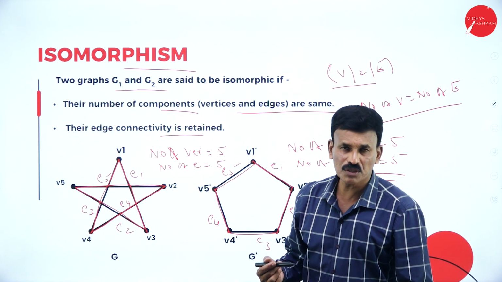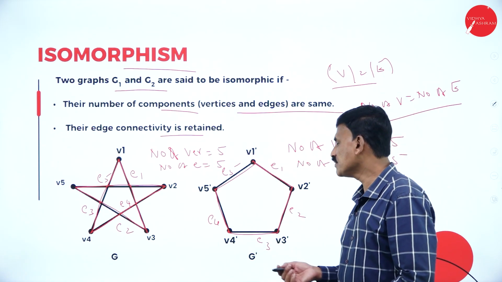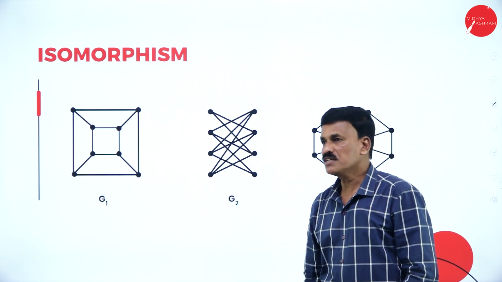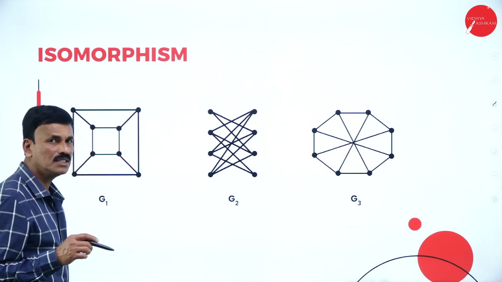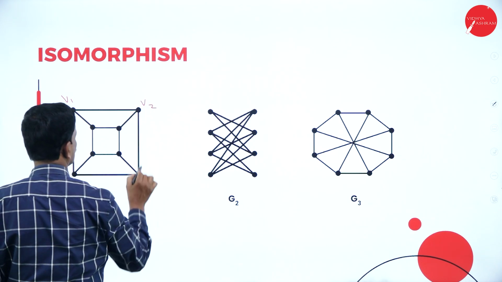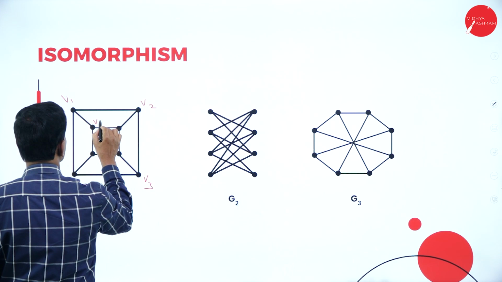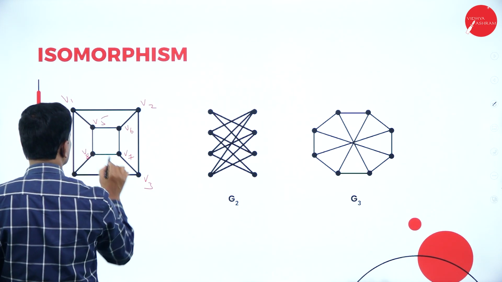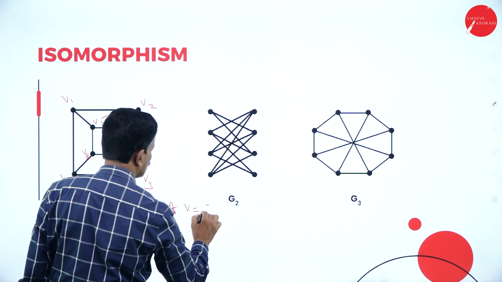In the examination, they may ask you to define an isomorphic graph and give an example. Now let us take one more example for isomorphism. Let us consider the graphs G1, G2 and G3. In G1 the vertices are V1, V2, V3 and V4, and again V5, V6, V7 and V8. So the number of vertices is equal to 8.